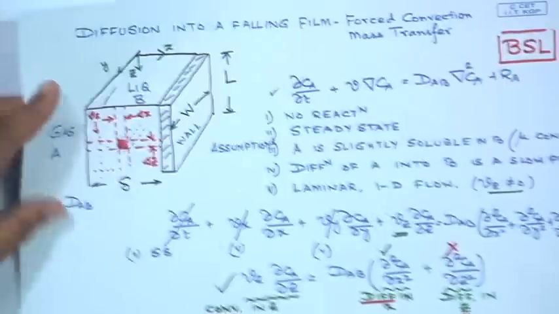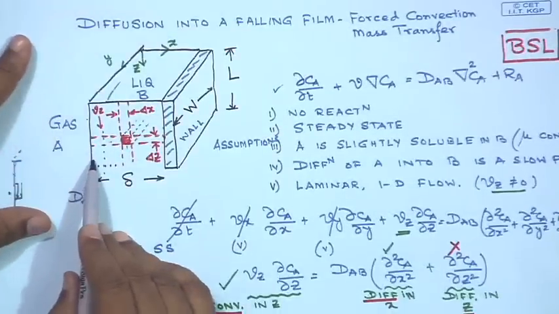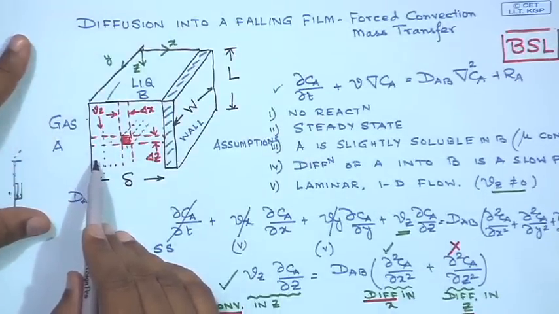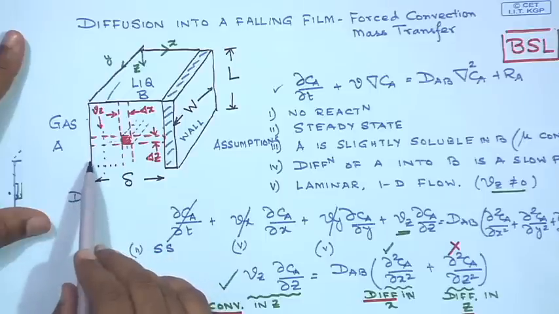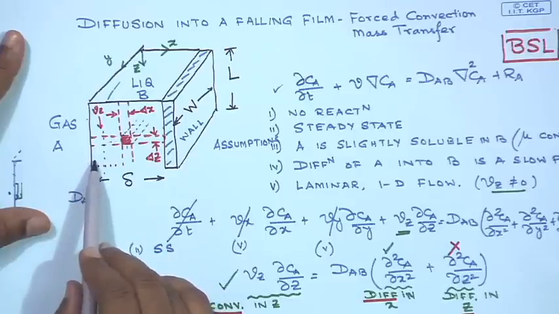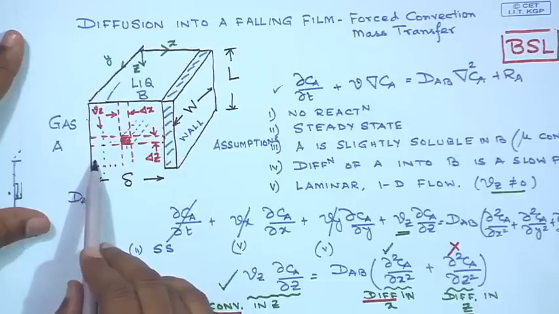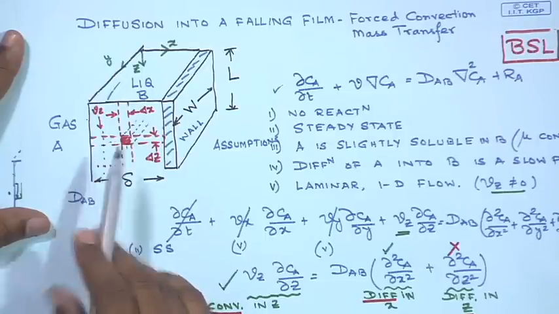So, coming back to this picture once again, if the A molecule cannot penetrate far into the falling film, then for all the A molecules which have gone into the liquid B, it would seem that there is no variation in the velocity of the falling film.